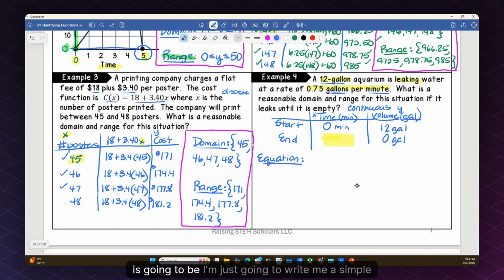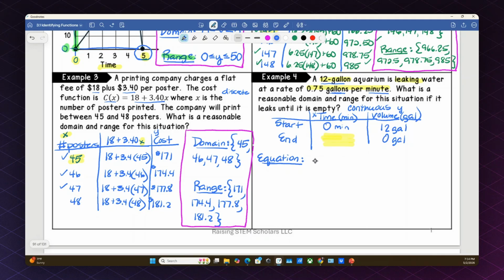I'm just going to write a simple linear equation. My y, which is my volume, starts at 12. That would be my y-intercept. It's starting at 12, but it's leaking, so I put a negative there, 0.75 gallons per minute.